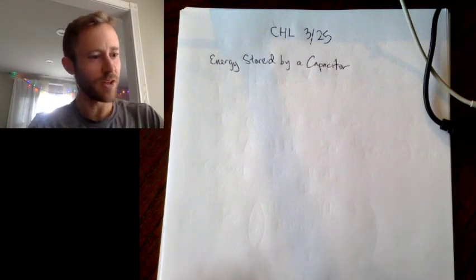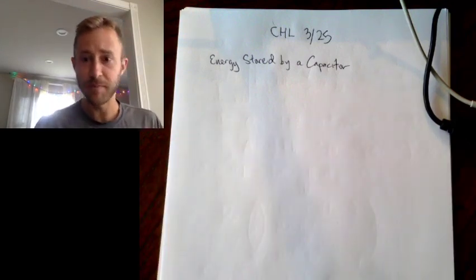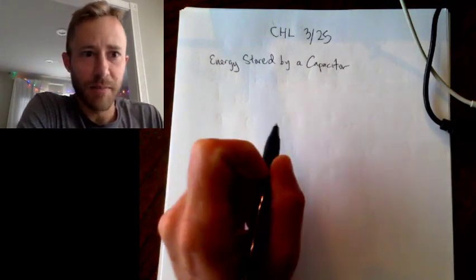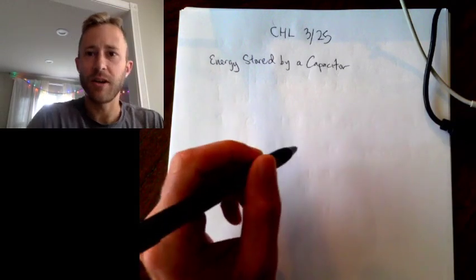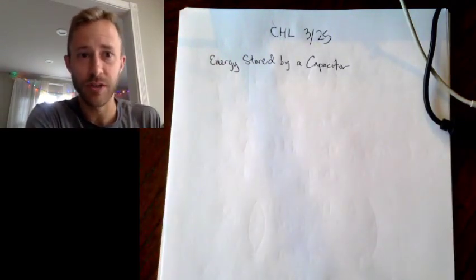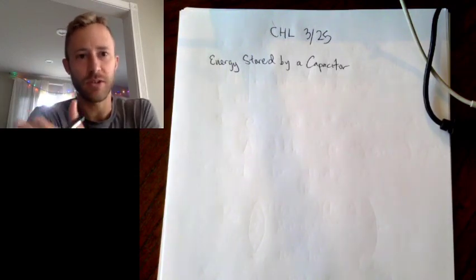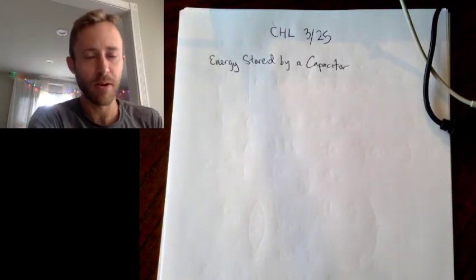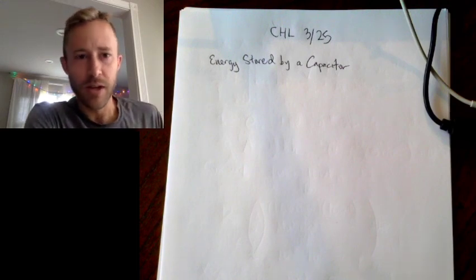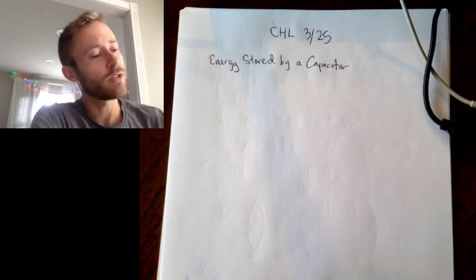Okay, so we're talking about energy stored in a capacitor. One of the things that I was talking about is how a capacitor stores charge and then it can release that charge in a burst of current. So what we're going to learn today is a formula for the energy stored in a capacitor.